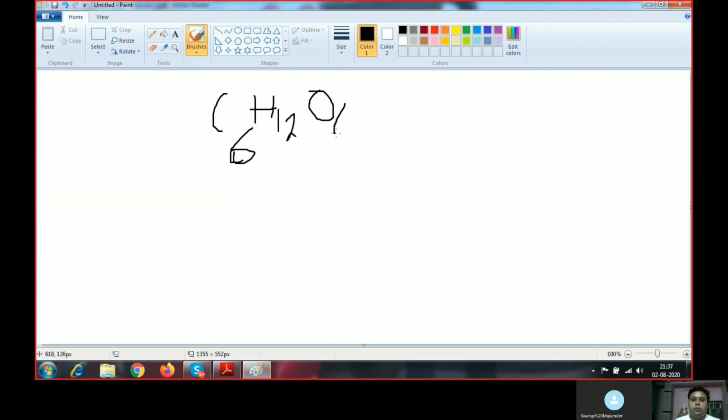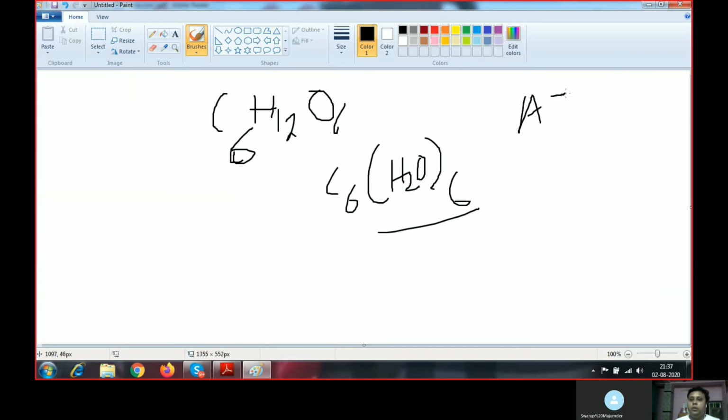We can rewrite the structure of glucose in the form of C6(H2O)6. So technically, glucose contains 6 molecules of water. So it is very easy for ATP to donate its phosphate group directly to the water molecule, not to glucose, right? This process is known as ATP hydrolysis.